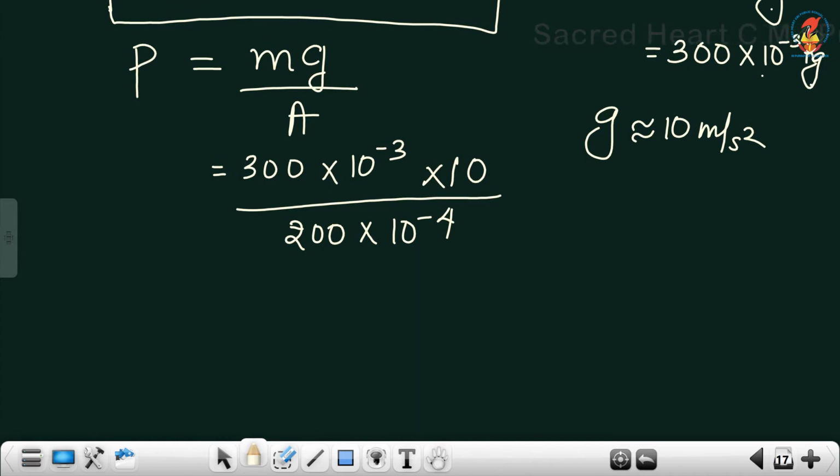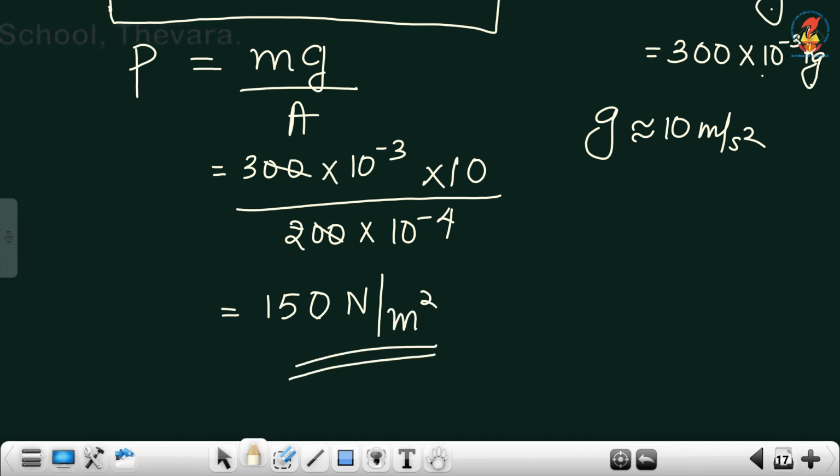On solving this, we will get the answer as 150 Newton per meter square or 150 Pascal.